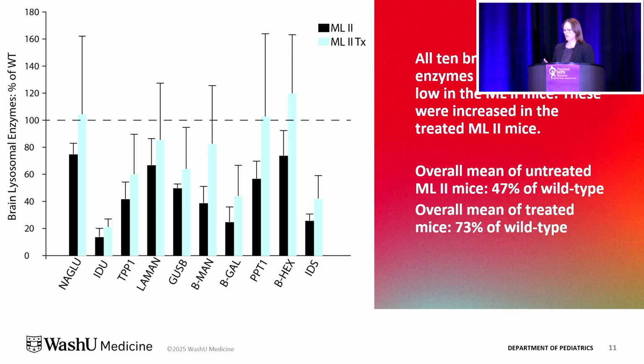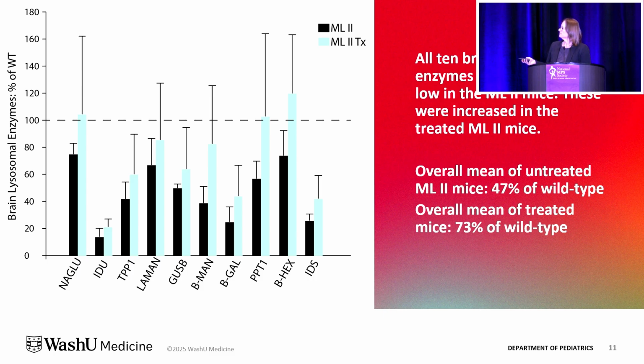This is a graph showing the lysosomal content of brain lysosomes in the mice that are ML2 or ML2 and treated with S1, S3 phosphotransferase. Shown on the y-axis here are the brain lysosomal enzyme amounts, the lysosomal enzymes that are in the lysosomes as a percent of wild type. Black bars are the ML2 untreated mice.